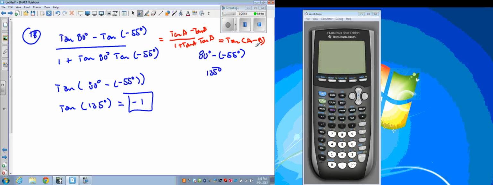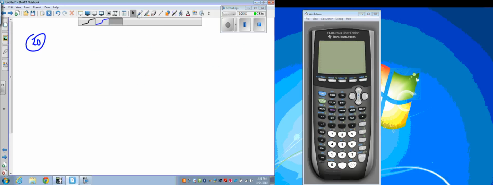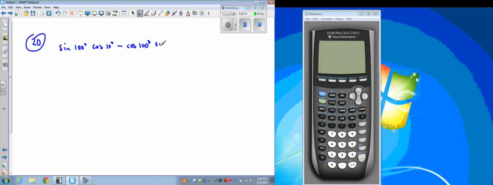Got it. So number 20 says sine of 100 cosine of 10 minus the cosine of 100 sine of 10. So what is this?